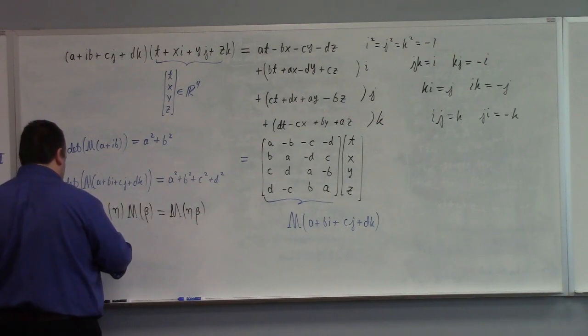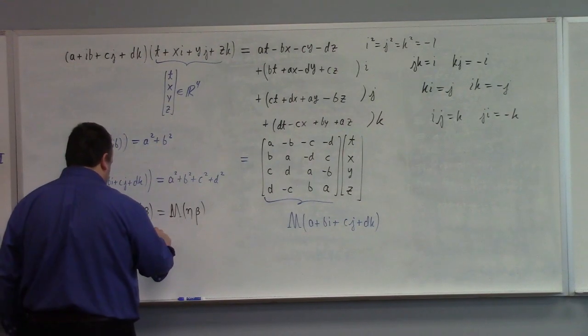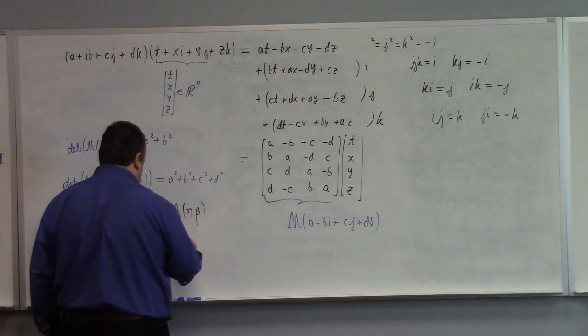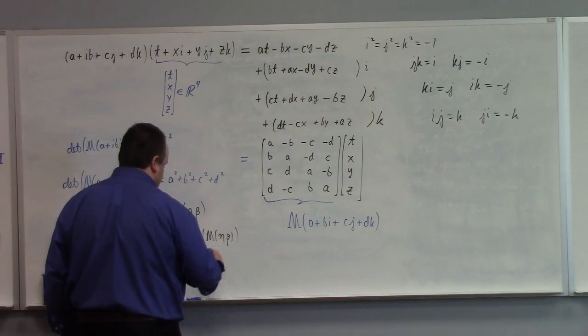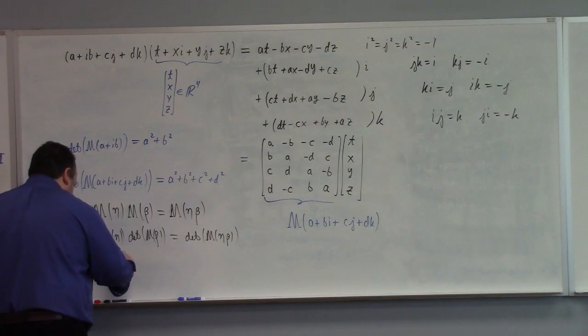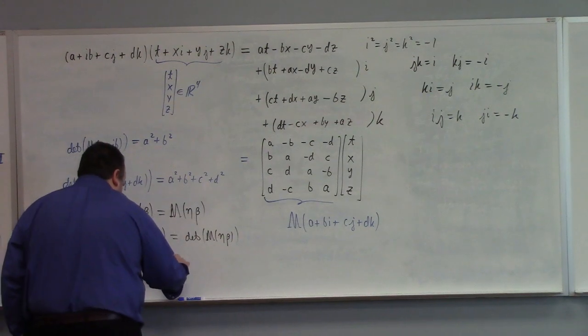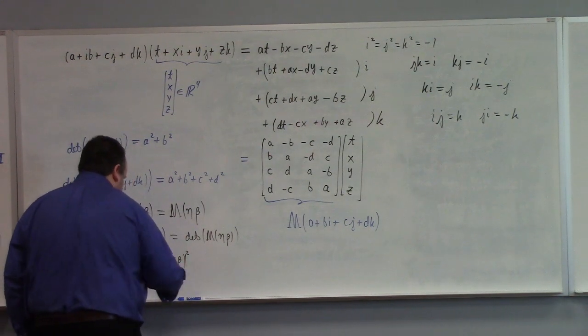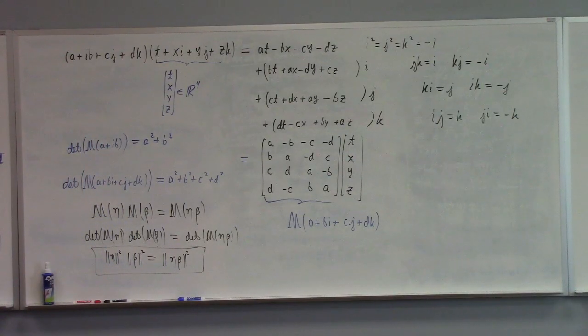We've got the determinant of the matrix of eta times the determinant of the matrix of beta, because we know properties of determinants, is equal to the determinant of the matrix of the quaternionic product of eta and beta. But what does this say? This says that the length of eta squared times the length of beta squared is equal to the length of eta beta squared. In other words, quaternions are like complex numbers. They're set up so that when you multiply two quaternions, the length of the product is the product of the lengths.